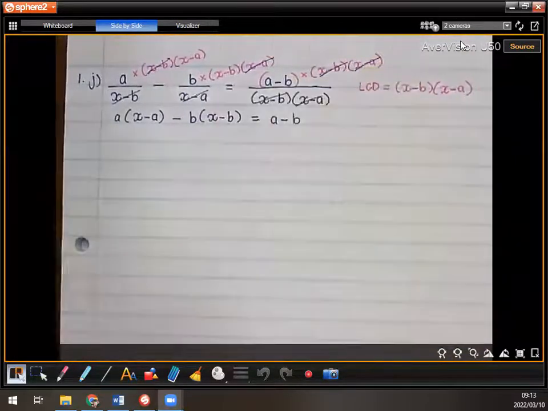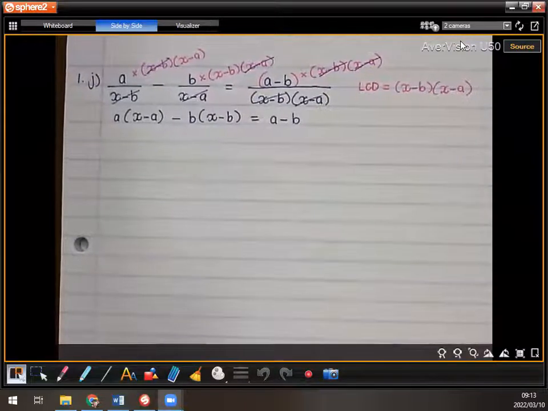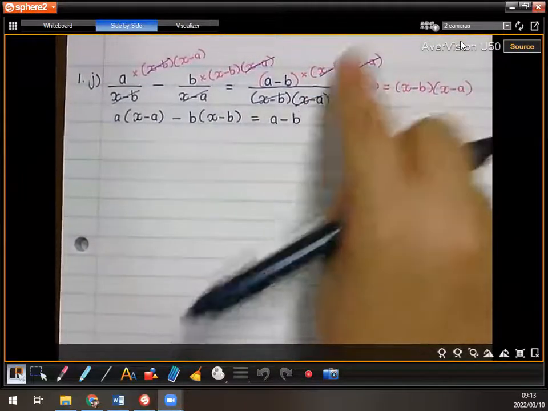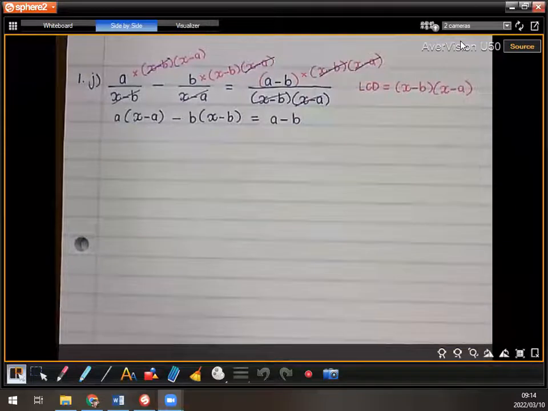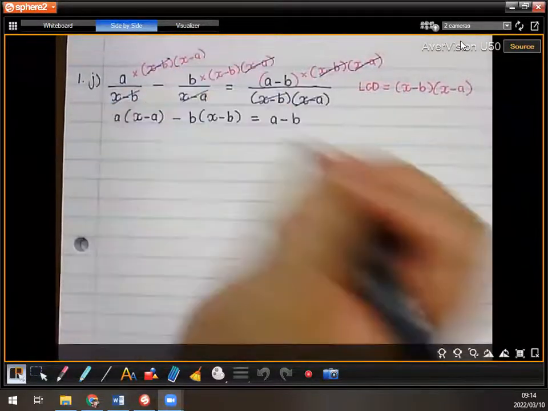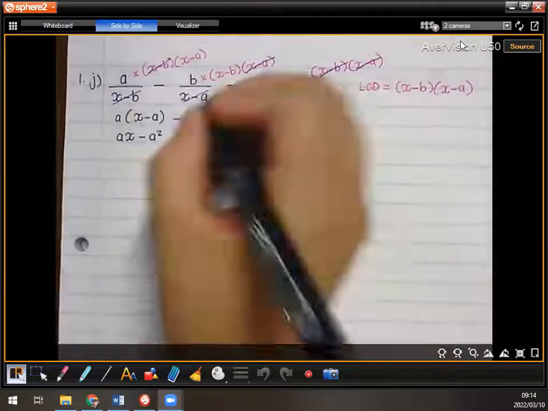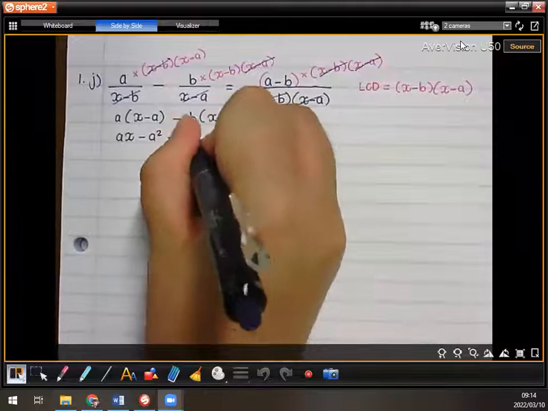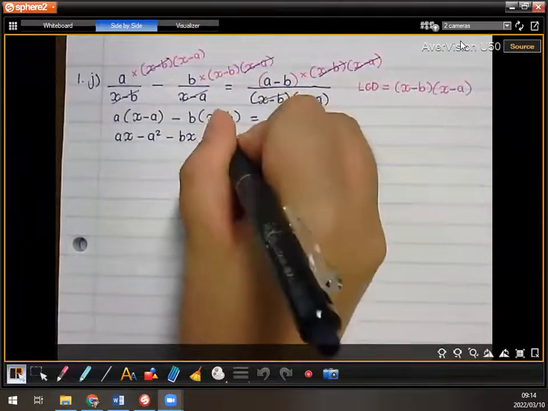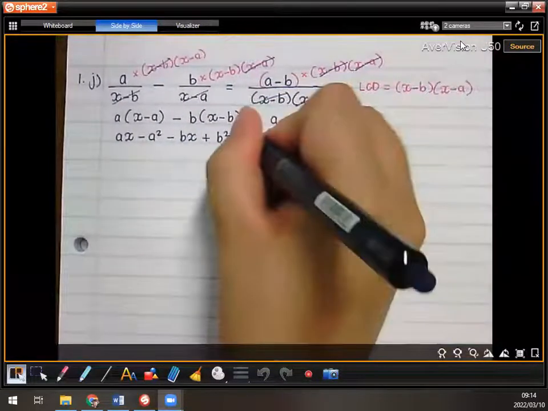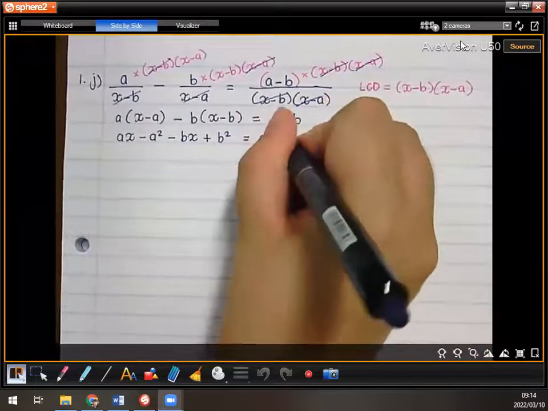Sorry, those brackets weren't really necessary, but if something didn't cancel out, you would have had to leave those brackets around the original number. Now we multiply out: ax minus a squared minus bx plus b squared is equal to a minus b.